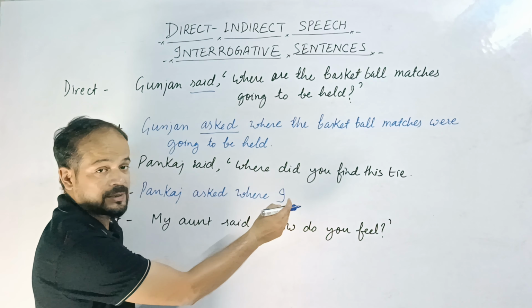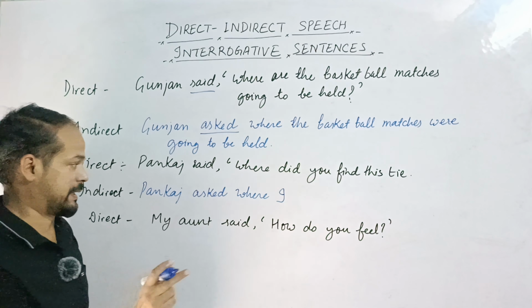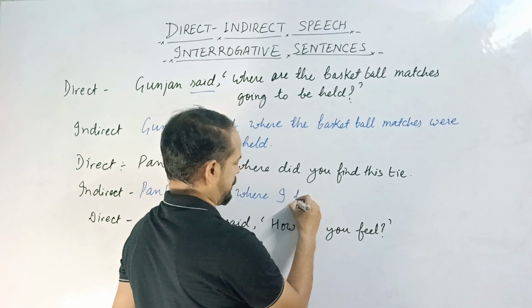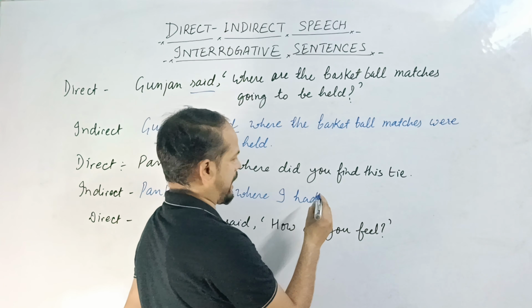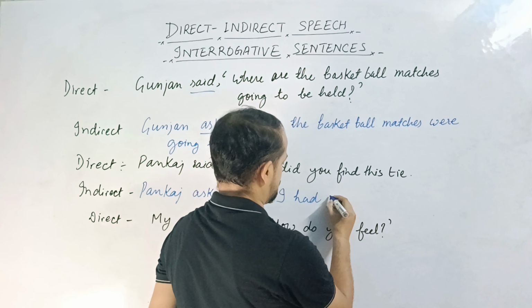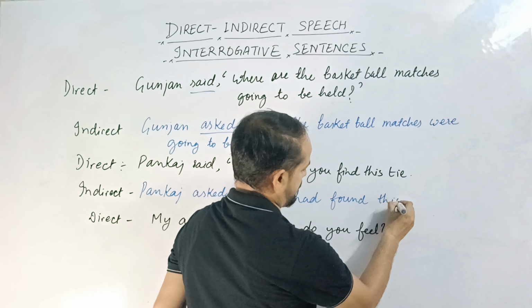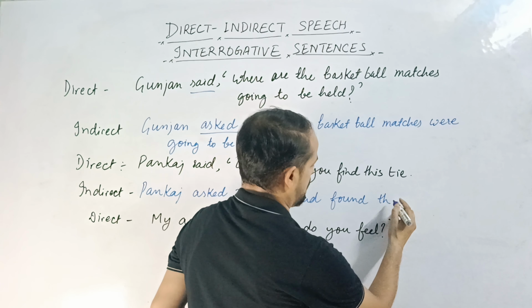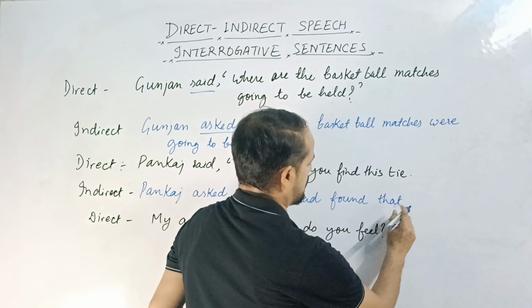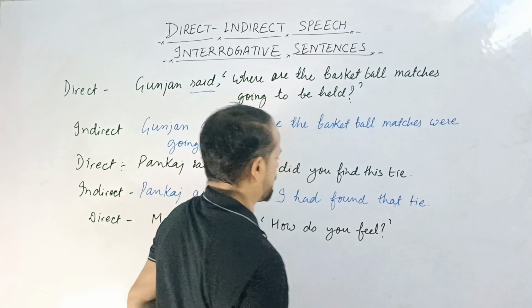Since it's a simple past tense, it will change into past perfect tense. So after the subject, I have to use had there, where I had found. This will be changed to that. Okay, that tie, and full stop will be there.